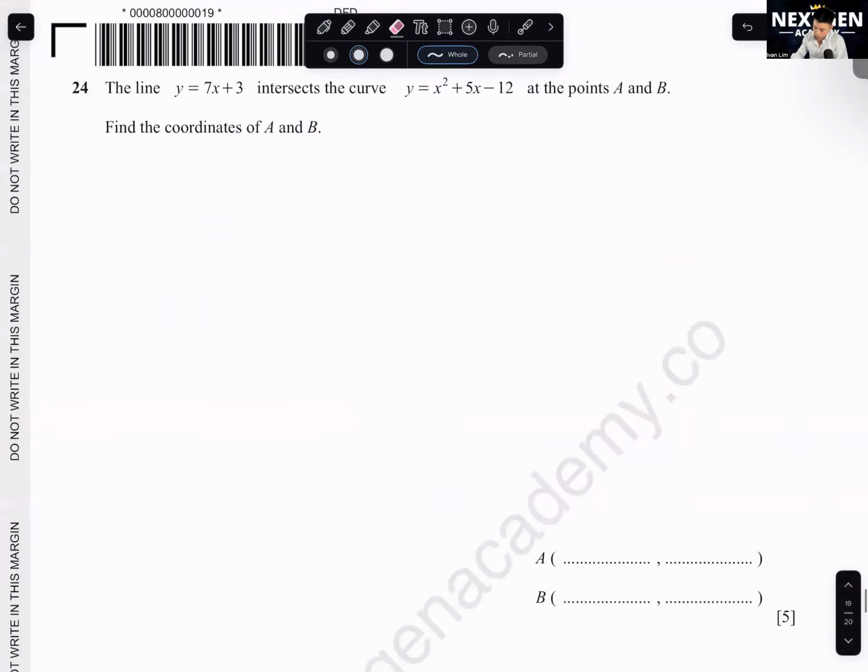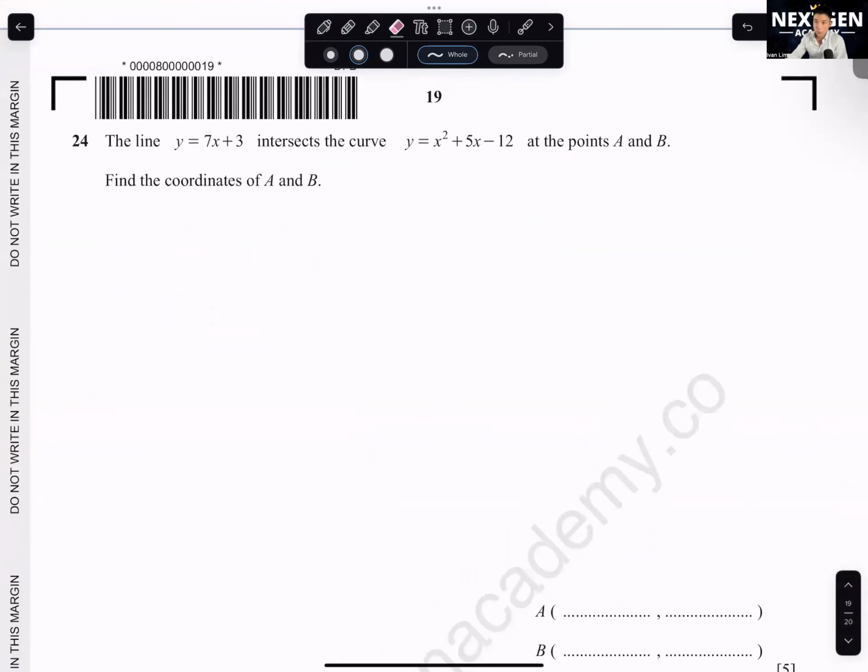Question 24. The line y equals 7x plus 3 intersects the curve y equals x squared plus 5x minus 12 at the points A and B. Find the coordinates of A and B. Okay, keyword, intersect. Intersect means you are going to do a simultaneous equation between both of these equations. Okay, let's call this equation 1, equation 2.